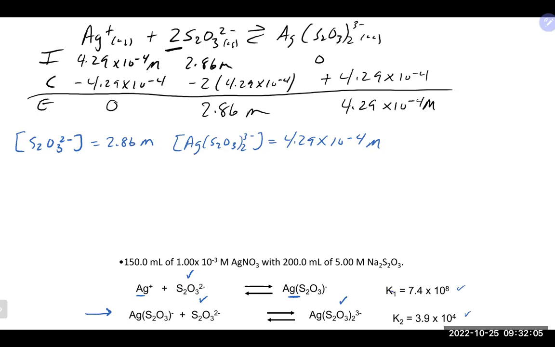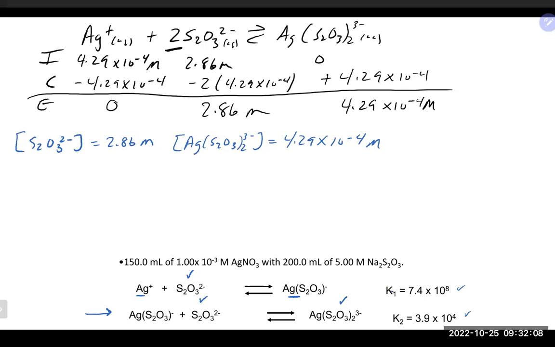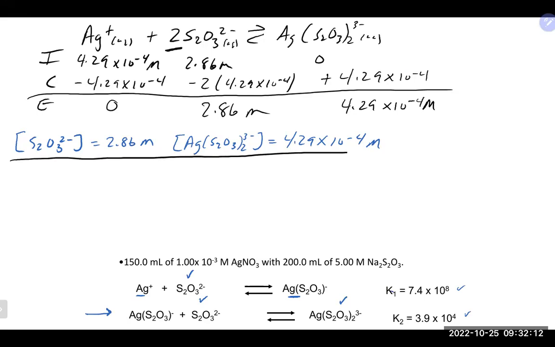So one approach is to use the K2 reaction and expression, and you could find that missing intermediate. So that's what I'm going to do. I'm going to use K2 to find the concentration of this guy here.